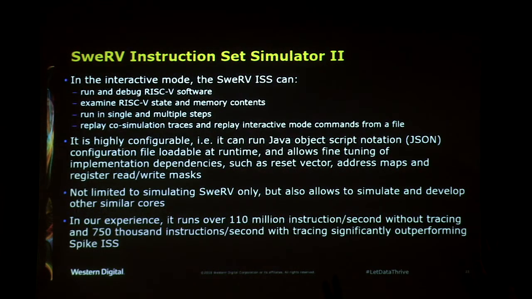Which language is it written in? C, C++. No SystemC? No, not too much. You can check it on the GitHub to see all the details. And for bragging rights, it's very speedy. It gives us about 110 million instructions per second, and it's used in our co-simulation environment.